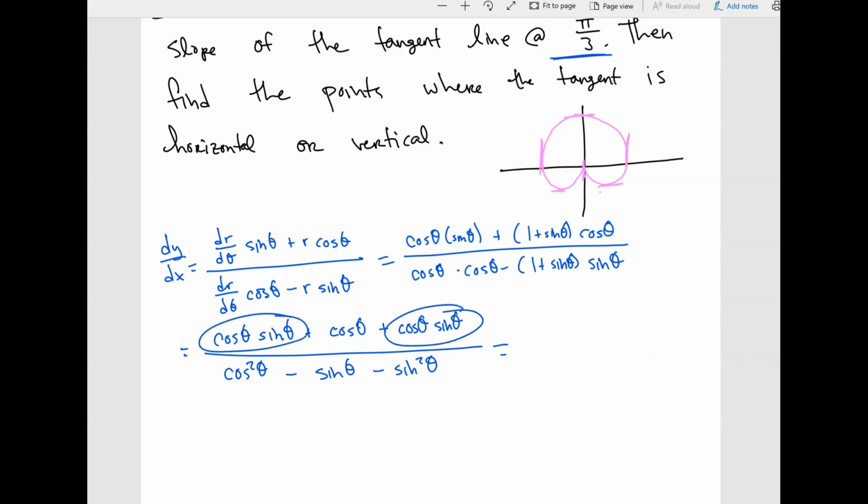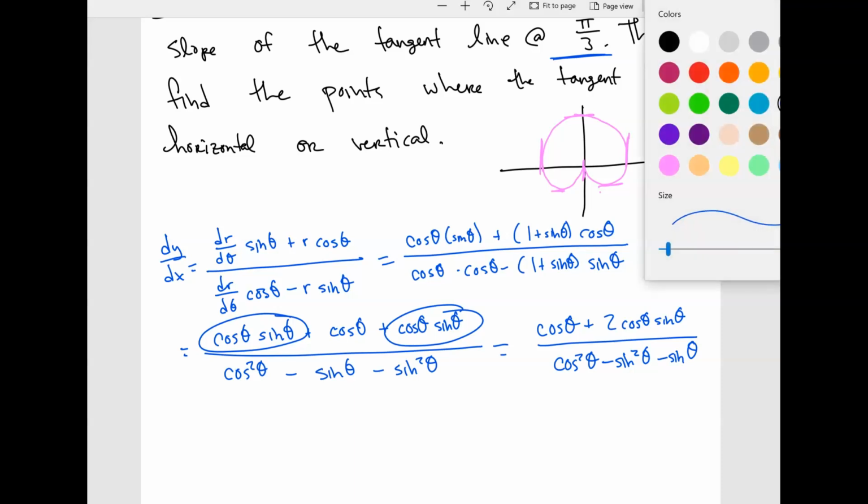That's going to give me cosine theta plus 2 cosine theta sine theta, divided by cosine squared theta minus sine squared theta minus sine theta. Now you'll see why I put cosine squared theta and sine squared theta together. You'll see why these trig identities are really useful when you're doing these problems.